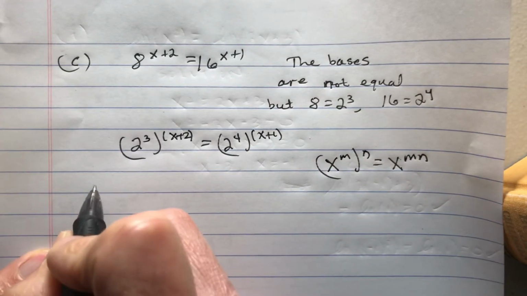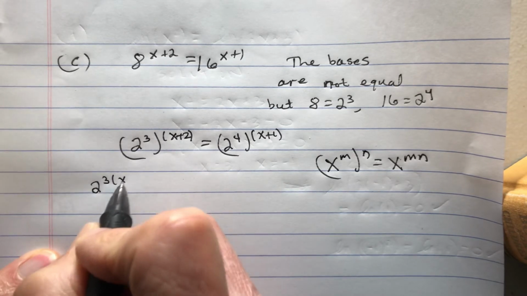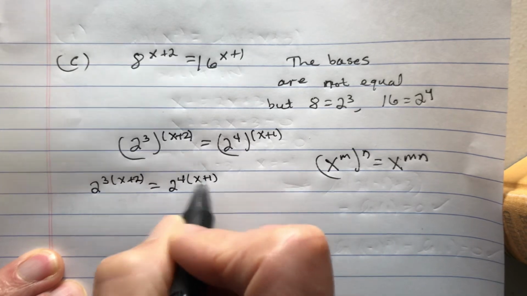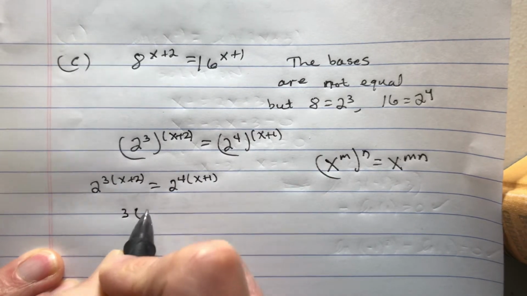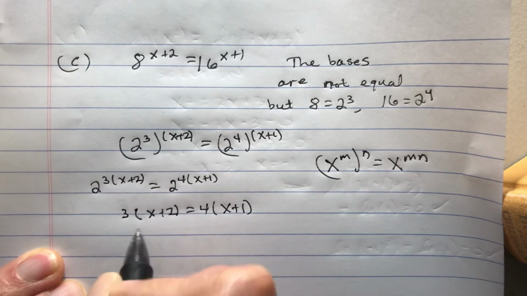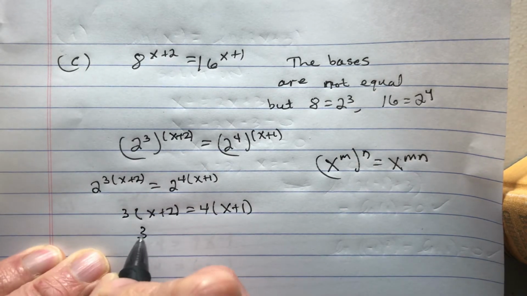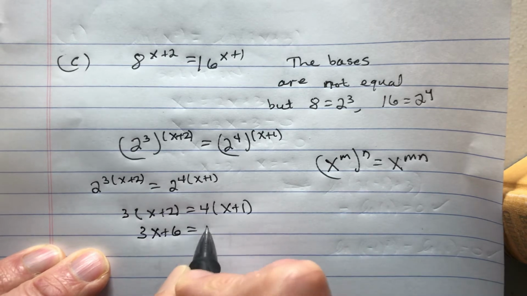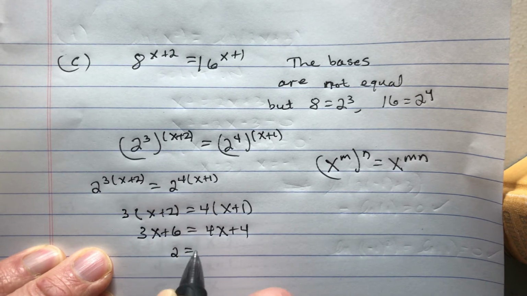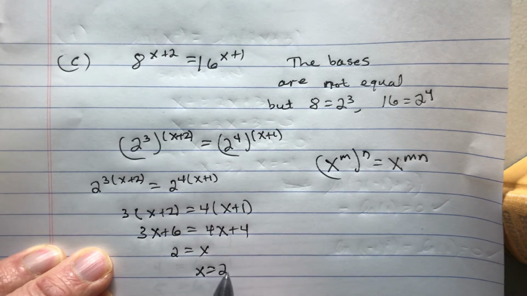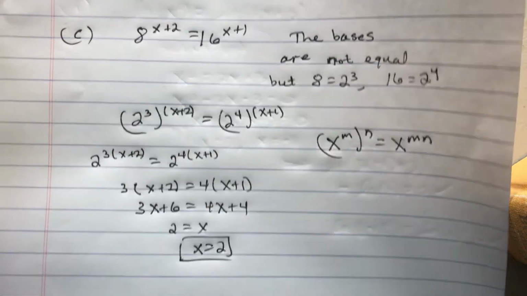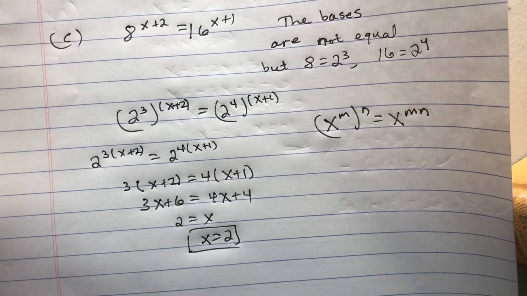Okay, so here I have 2 to the 3 times x plus 2 equals 2 to the 4 times x plus 1. And then I let 3 times x plus 2 equals 4 times x plus 1. And then I'll distribute on both sides and then solve, and there we go, and we can check that if we want by plugging in.